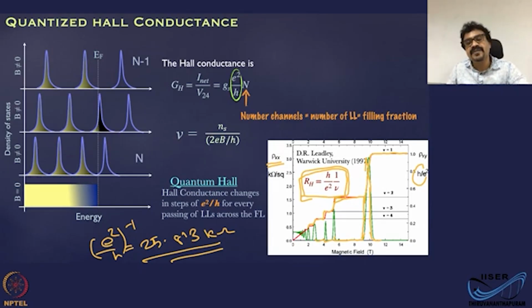In a 3-dimensional system, you will not have this condition met, so you will not get this quantization, because you don't have a perfect 1D channel there. You would see oscillations in the Rxx, but you will not see the quantization in Rxy.